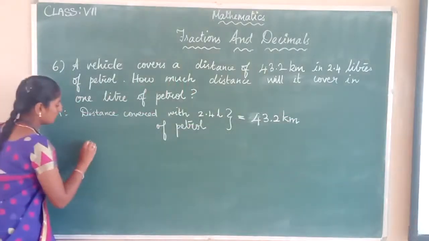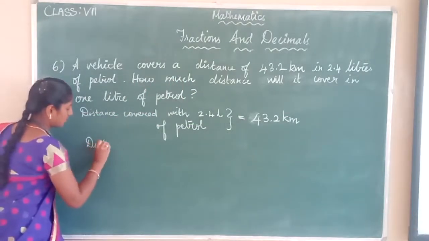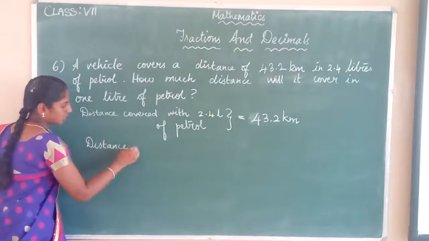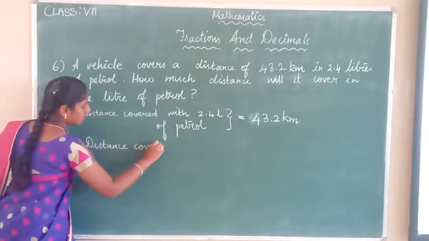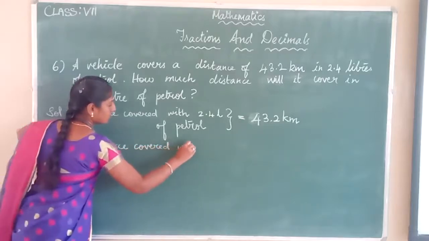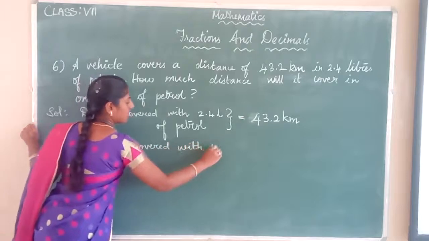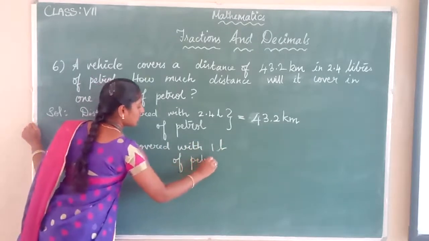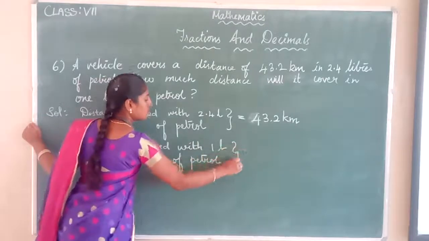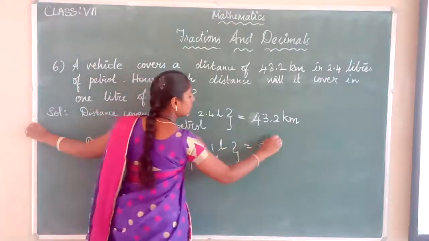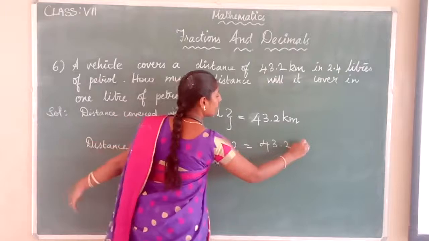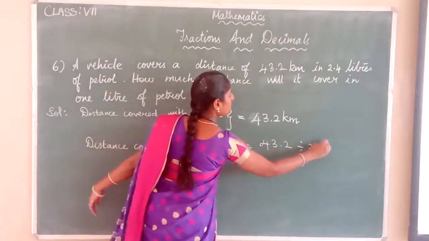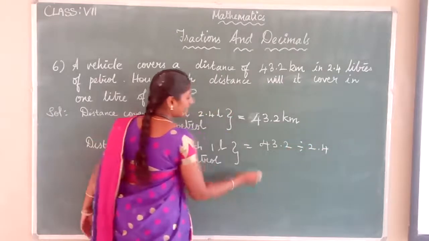Then what is asked? Distance covered with 1 liter of petrol is asked. So how to do this? You just have to divide 43.2 with 2.4. Is it clear?